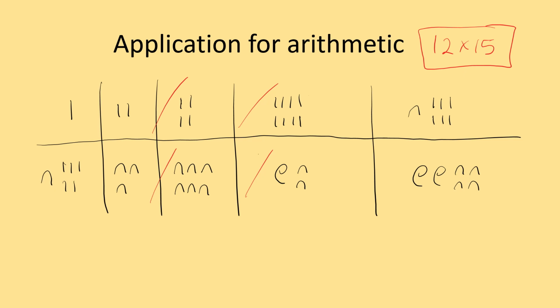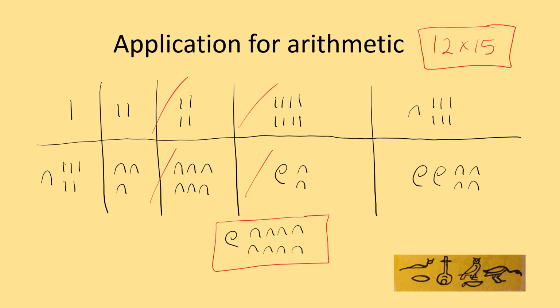The 4 groups of 15 is 60. The 8 groups of 15 is 120. So when we combine the 60 plus the 120, the sum is 180, or 6 tens plus 100 plus 2 tens is 100 plus 8 tens.